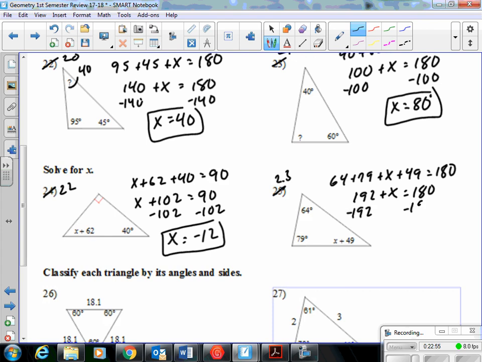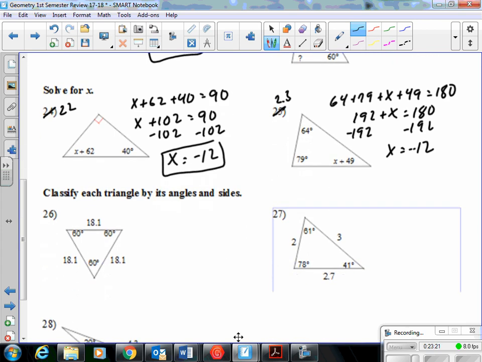Subtract 192. X equals negative 12. Make sure my math in my head is correct. 64 plus 79 plus 49. Yeah, 192. All right, we're good.